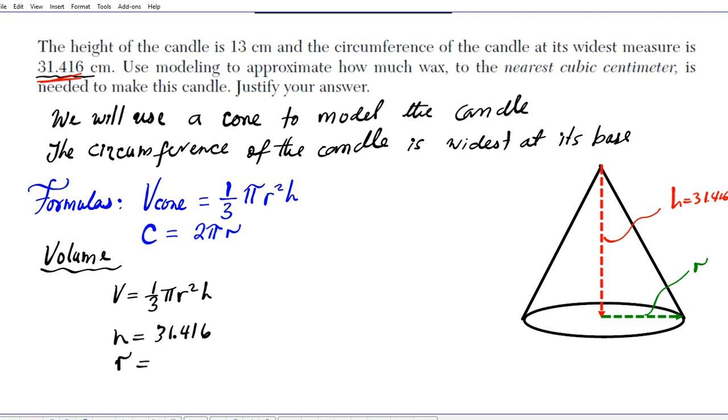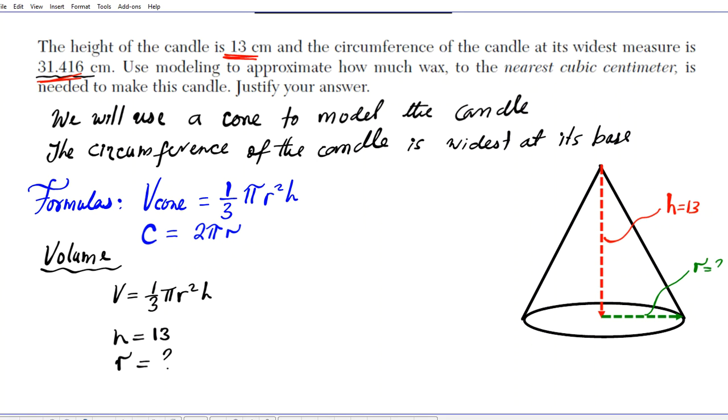Before we do that, real quick correction, I confused the circumference of the base with the height, so let's fix that real quick. The height is 13. Sorry about that. Height is 13. And the radius is a mystery. We do not know what the radius is.